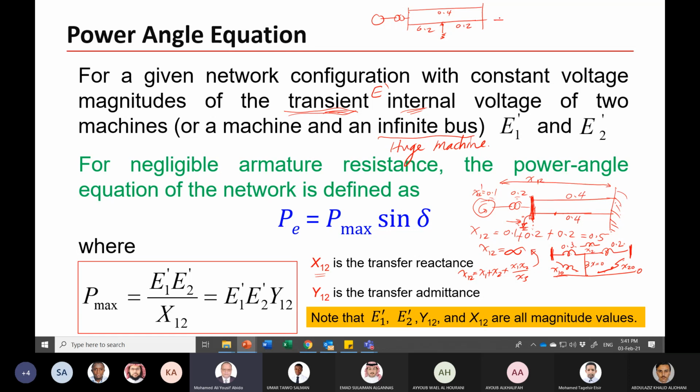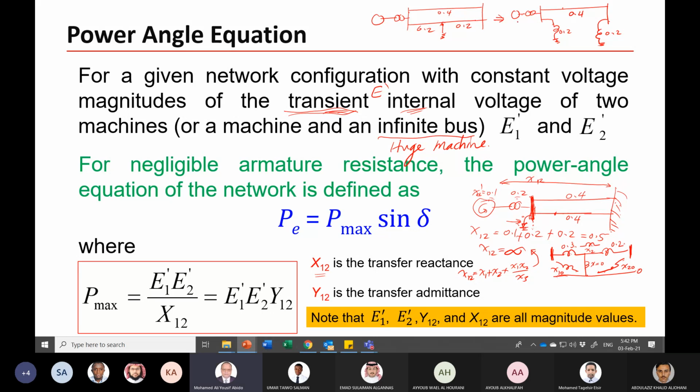The first step to simplify this circuit is to have the generator, the transformer, the line, and this 0.2 and this 0.2. If this is the midpoint of the line, half of the line is here and half is there, so this is 0.4.